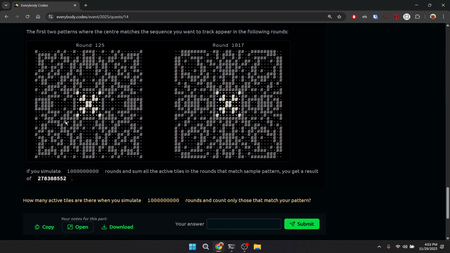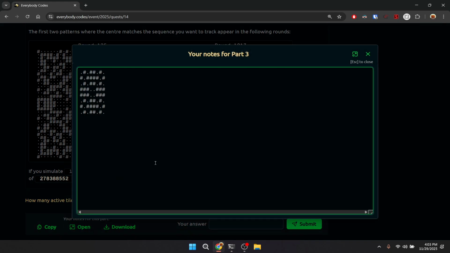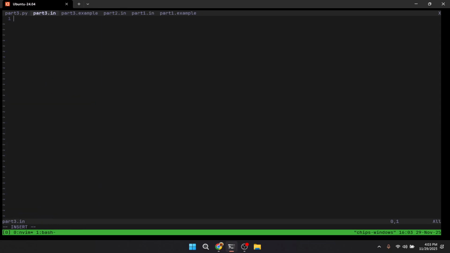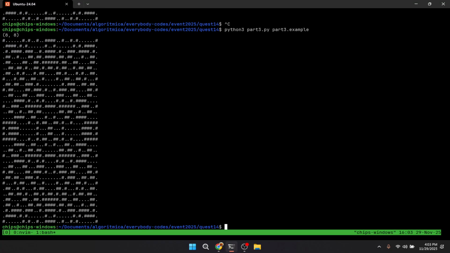So what does center mean in this case? I guess this is still an 8 by 8, because otherwise it won't make much sense. So I'm guessing that center means... So what's this, right?